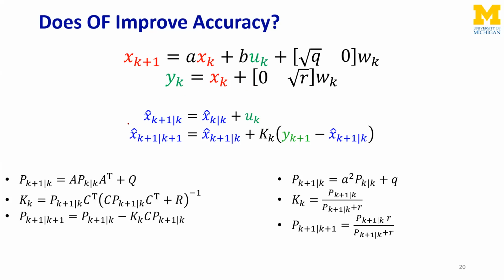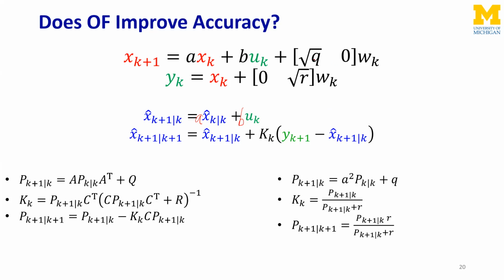We can write the optimal filter, or the Kalman filter, for this system simply as this. Actually, I'm missing a bunch of terms here. I must have just copied. So this is missing an A, and this is missing a B, and since we are measuring the state X, the C matrix is equal to 1 in this case.